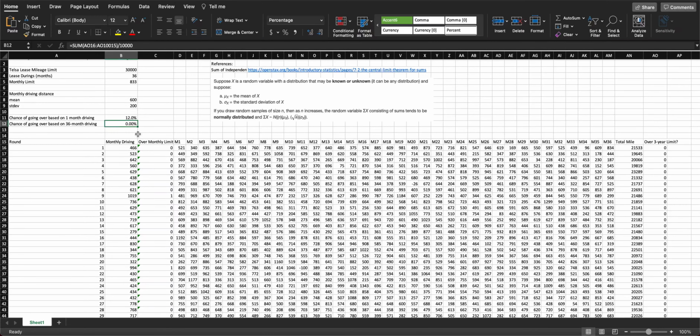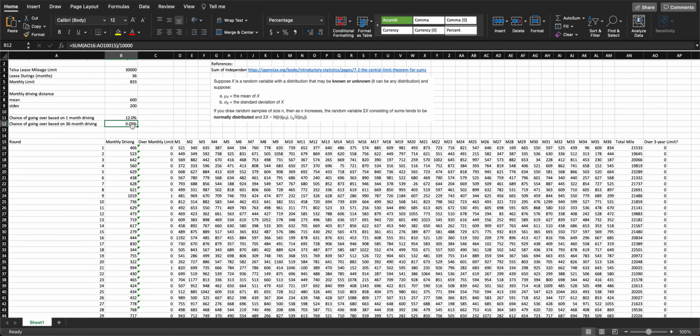You're almost guaranteed you will never go over. Now, of course, there's a strong assumption. Every month you follow a certain distribution, and moreover, it is independent month over month. In other words, this month's behavior doesn't tell you anything about how much or little you drive next month. This is the assumption here.